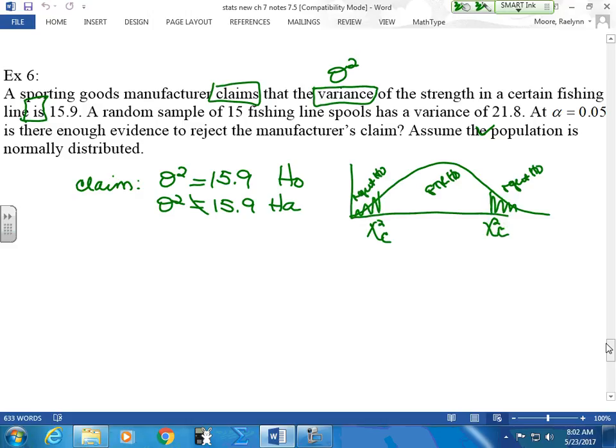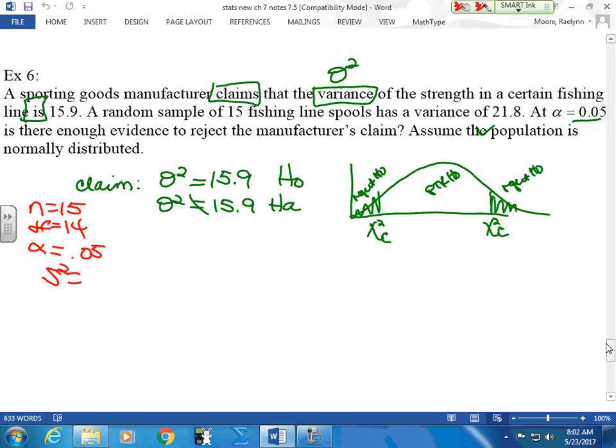Now, remember, when you look up table 6, here's your level of significance. Pull out your sample data. You sampled 15. So what's your degrees of freedom? 14. Good. We looked at a level of significance of 0.05. We found a sample variance, because it's in the same sentence.